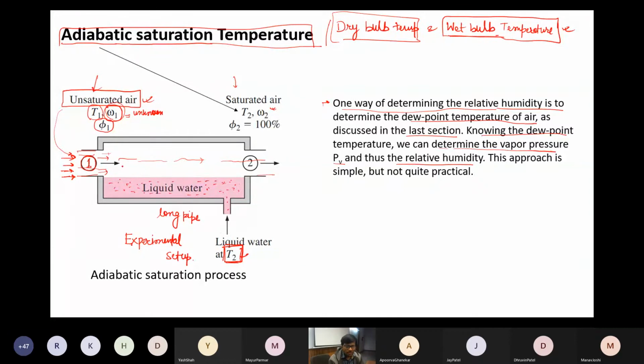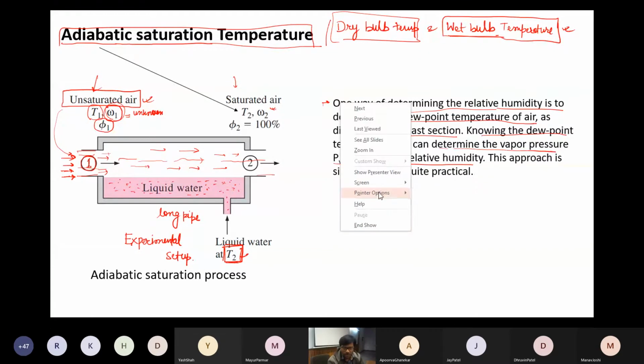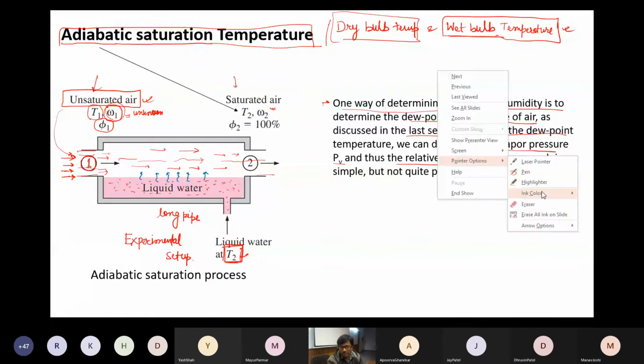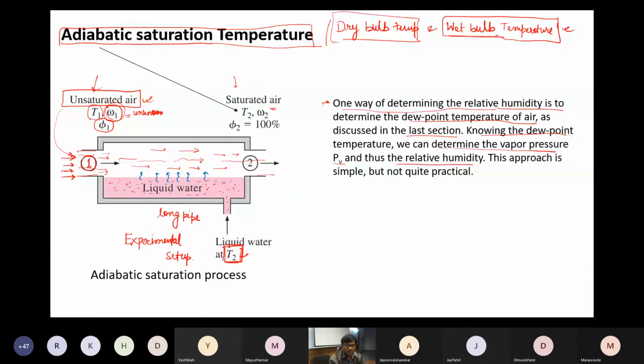Due to the run of this unsaturated air over this path, some of the liquid water actually evaporates and gets mixed with this air, which allows the air to take up more moisture.